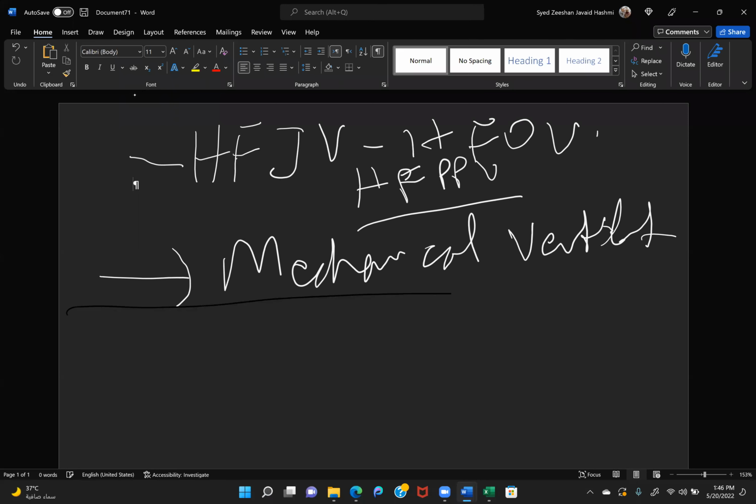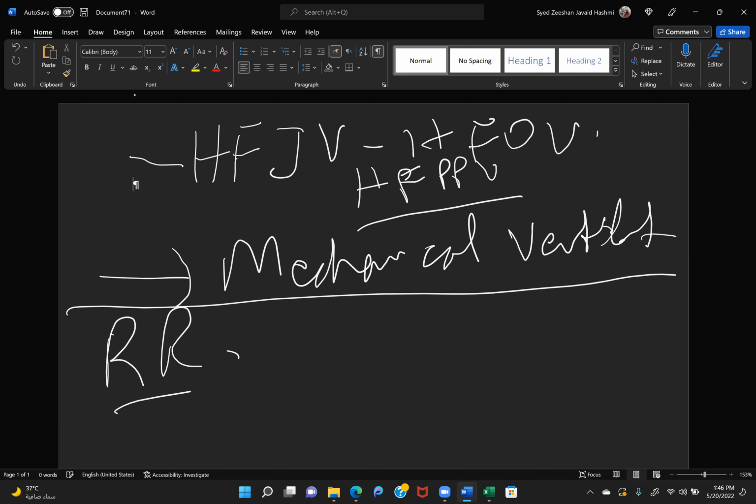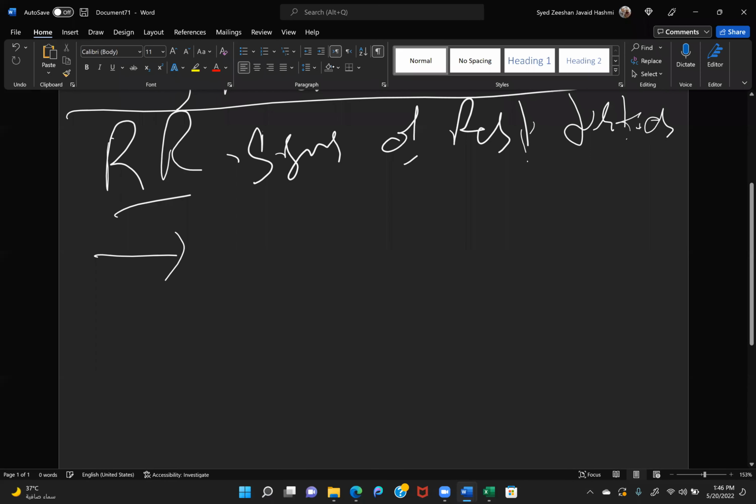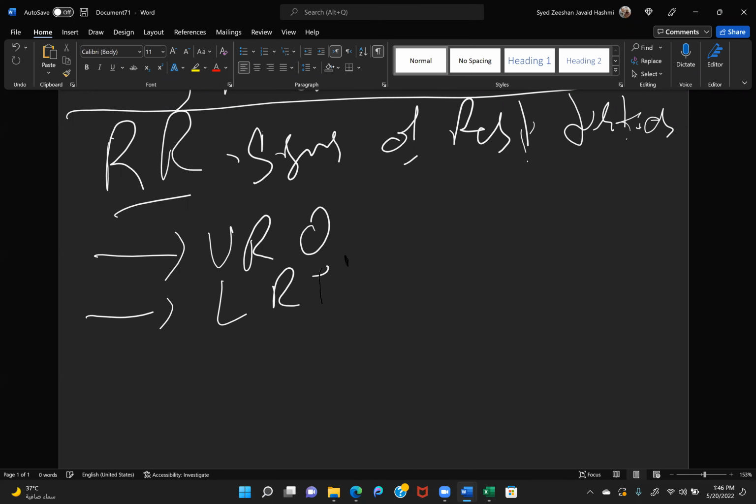I will just try to give you a broad view. Before that, we will be evaluating the respiratory system on the basis of whether the patient is dependent on anything or not, and then any signs of respiratory distress. We have discussed that in detail before, but usually it is either upper airway obstruction or lower respiratory tract obstruction.